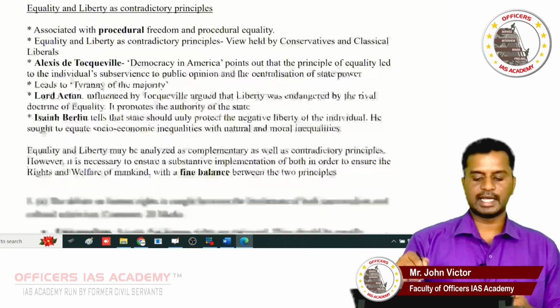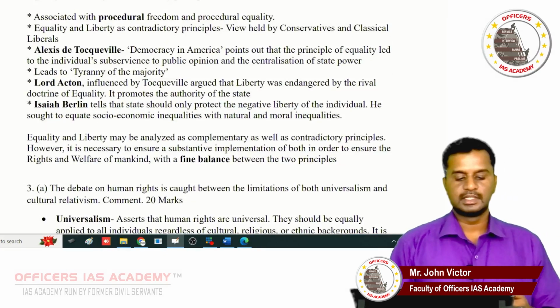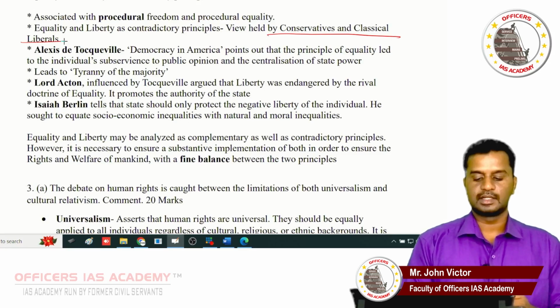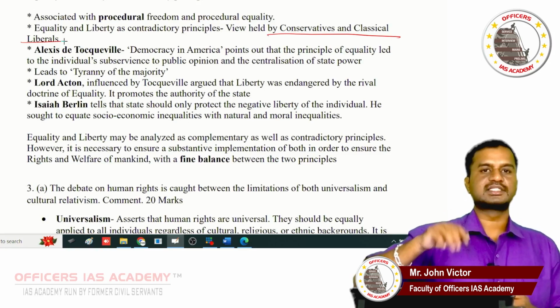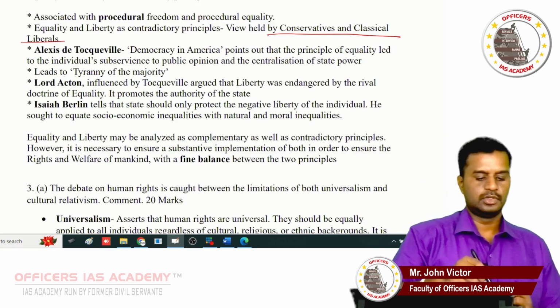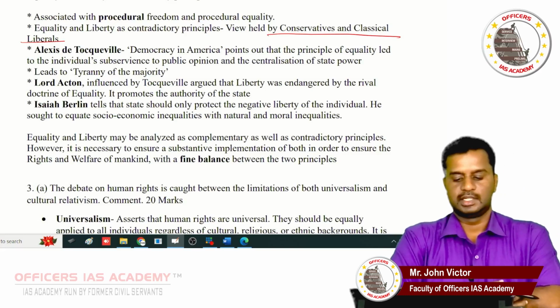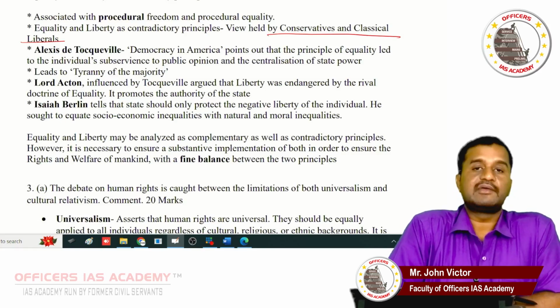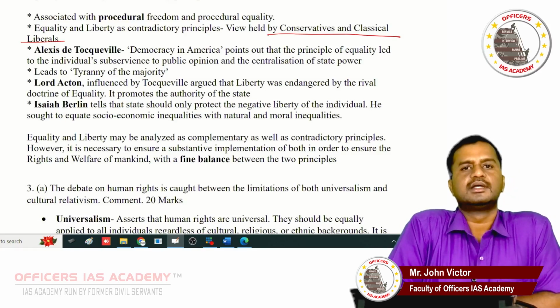Next, equality and liberty as contradictory principles. This is upheld by conservatives and classical liberals. Their understanding is just the opposite. You cannot enforce equality. We cannot enforce economic equality mainly. In socialism, economic equality is enforced by the state.